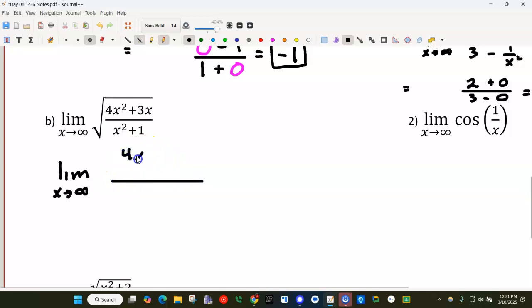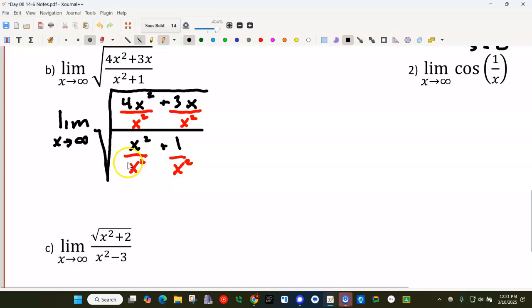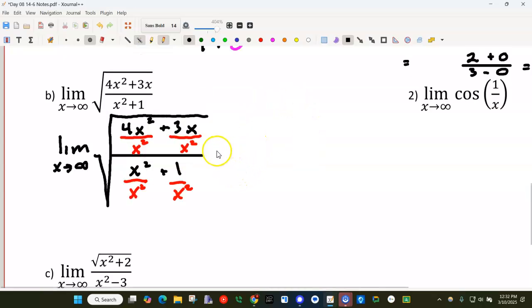So I'm still going to divide by the largest degree, which is x squared. Don't forget to keep that square root there, rather large. There you go. And it should be over everything, top and bottom. And keep it going, reduce everything.